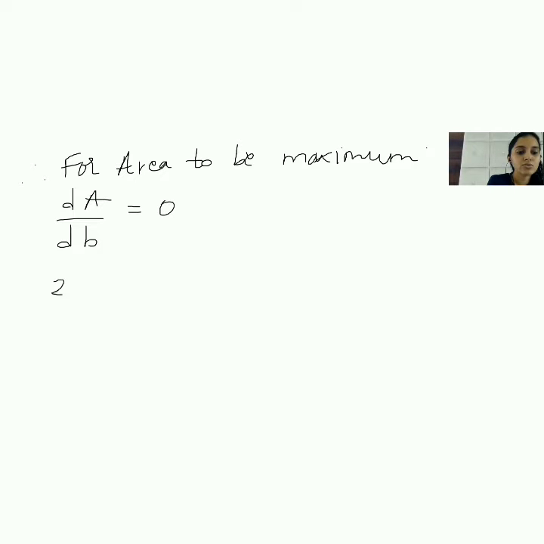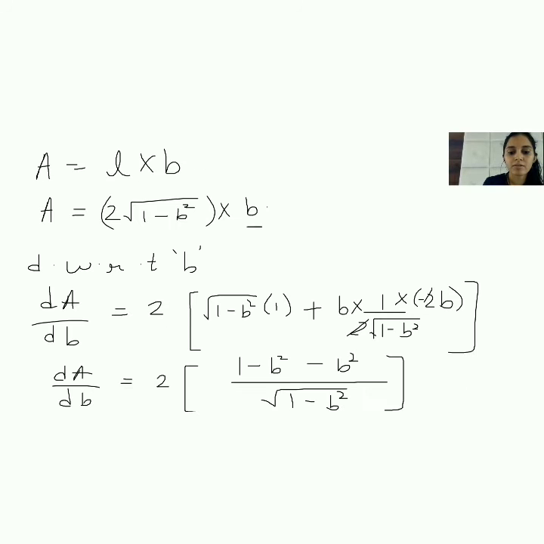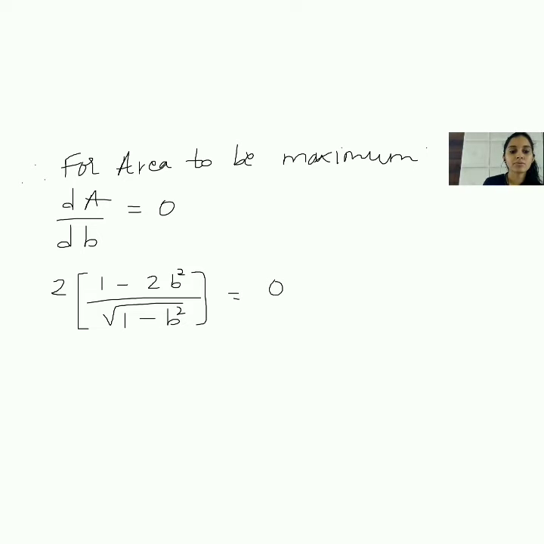That means 2 bracket 1 minus 2B square upon root of 1 minus B square, correct, is equal to 0.